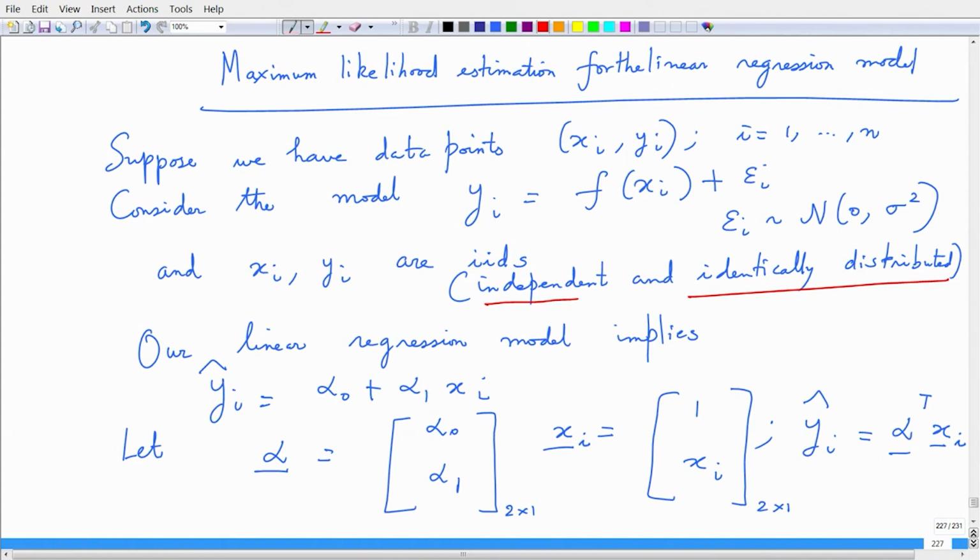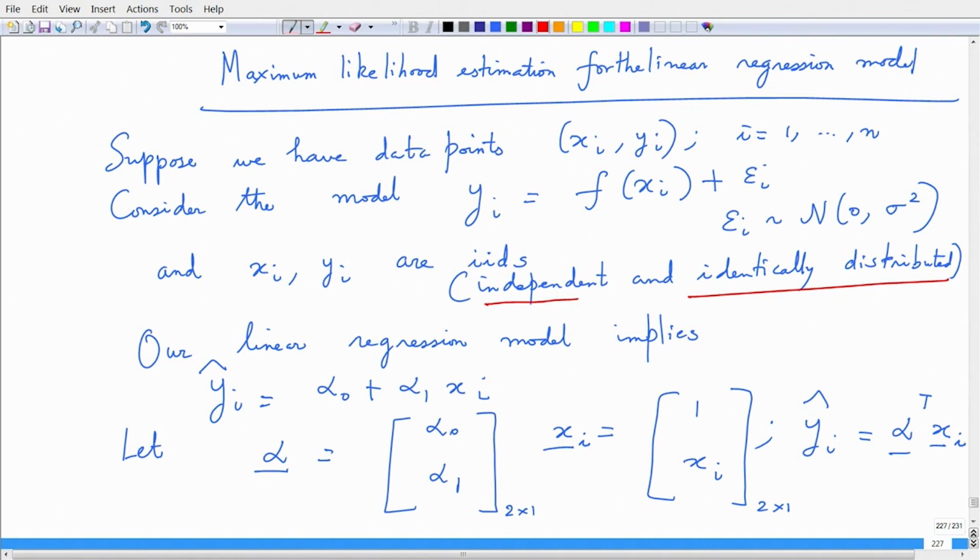Let us use the vector formulation that will help us to simplify the mathematics a little bit. Now, let this vector alpha be interpreted as a 2 by 1 column vector comprising of alpha naught and alpha 1. We have x interpreted as a column vector comprising of 1 and xi.